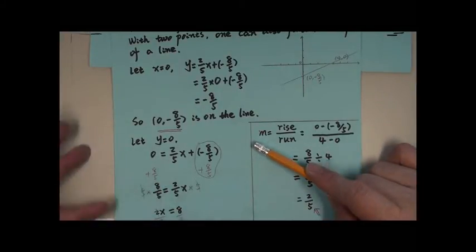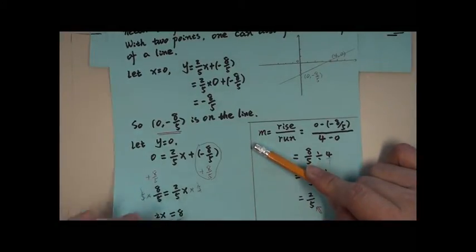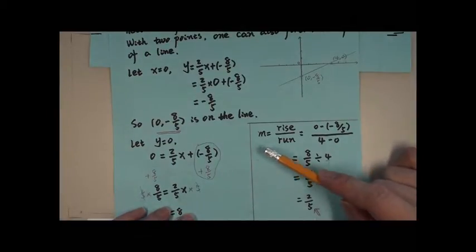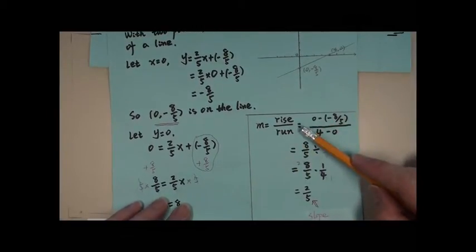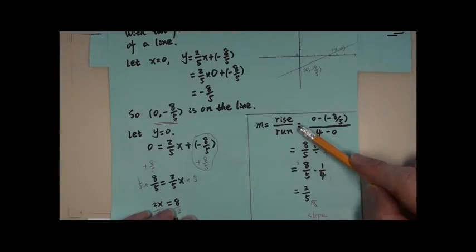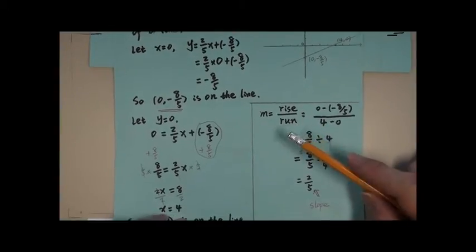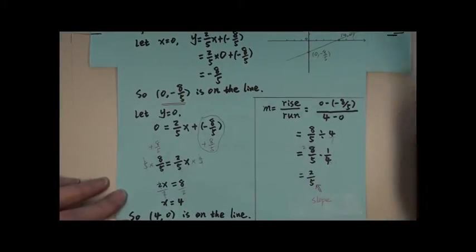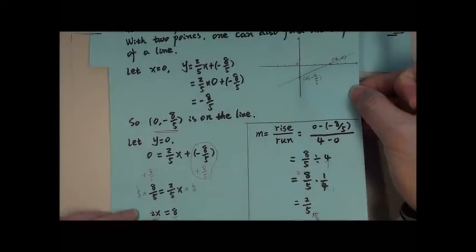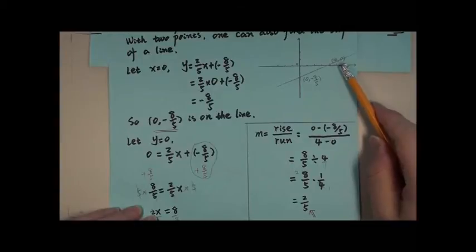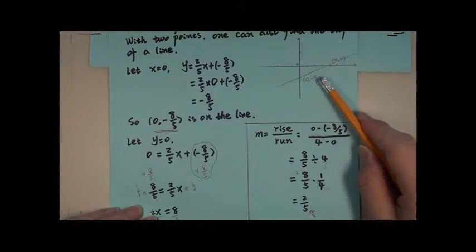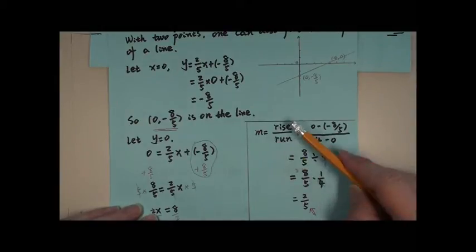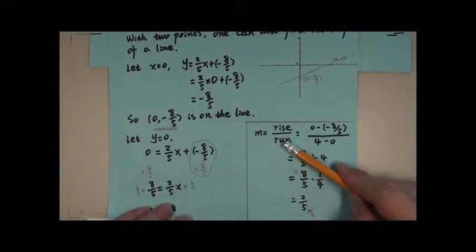Here I have a note: you can also find the slope. After we get 2 points, one is 4, 0, another is 0, negative 8 over 5. You can calculate the slope, rise over run.